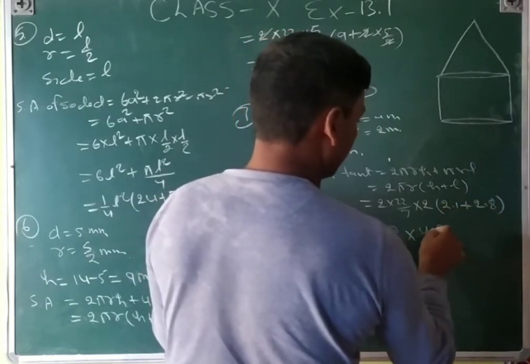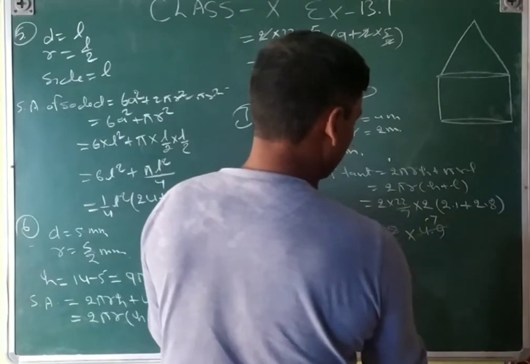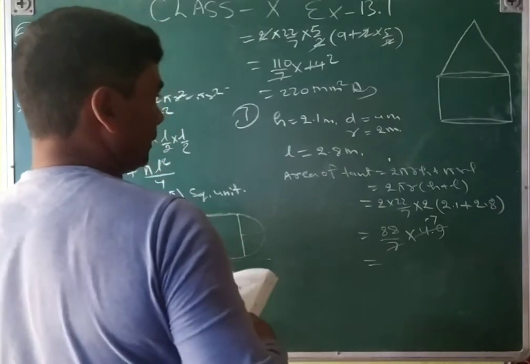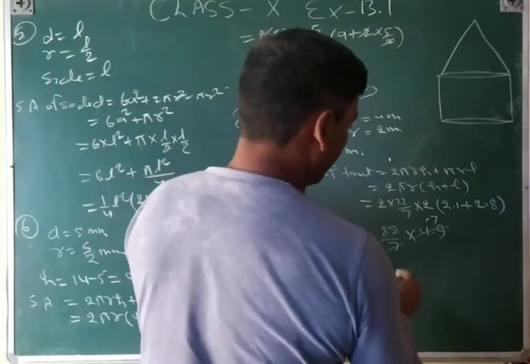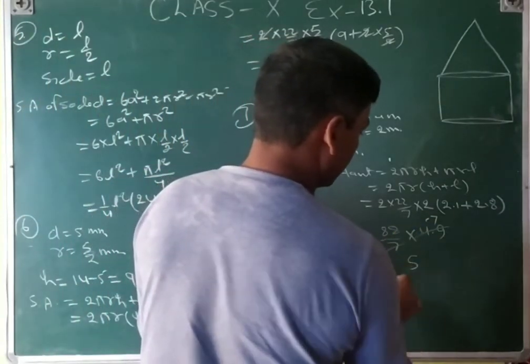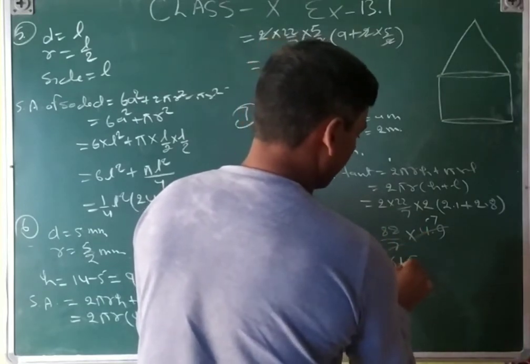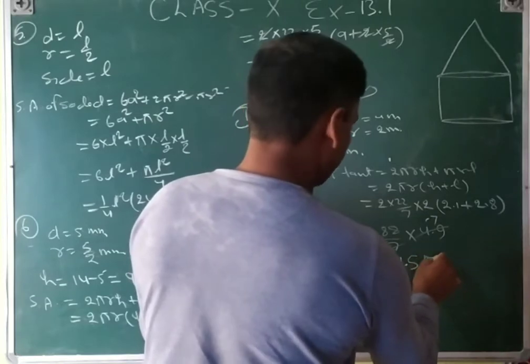So 7 7 49, 7 8 56, 7 56, 5 61. That will be meter square.